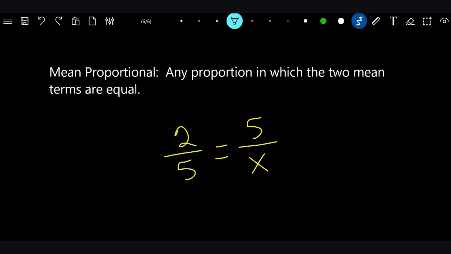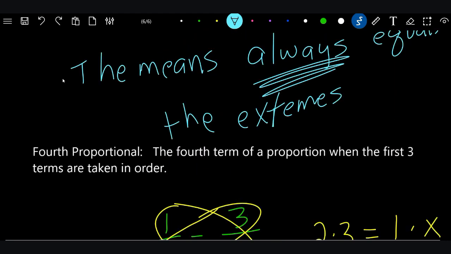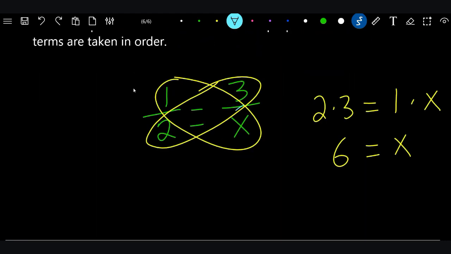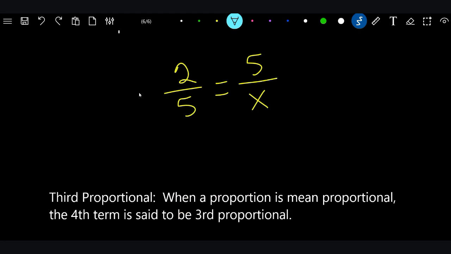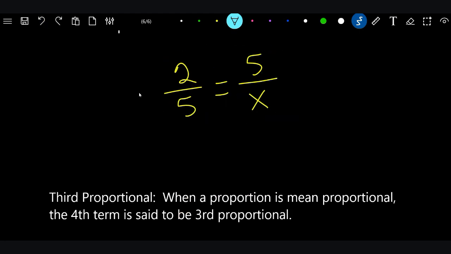Now there's something else about mean proportional. Notice when it says third proportional. So we've already done fourth proportional, right? Fourth proportional meant that we were missing a fourth. So this problem up here where the 5s are equal, here's what it's saying.